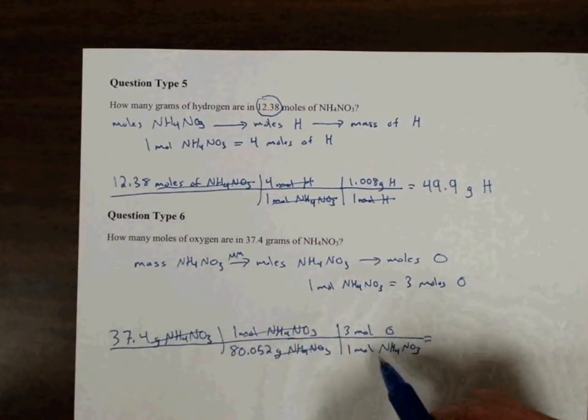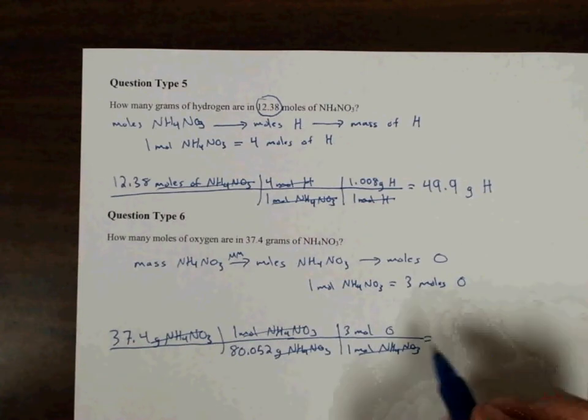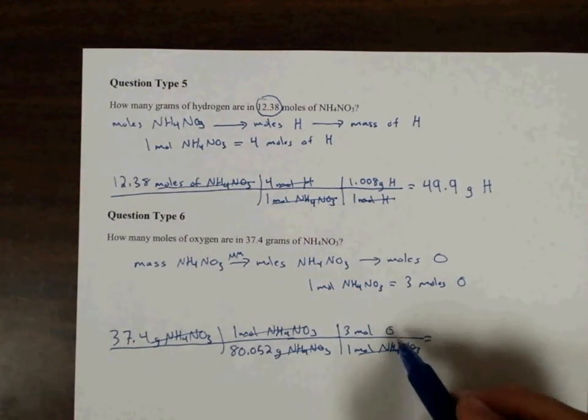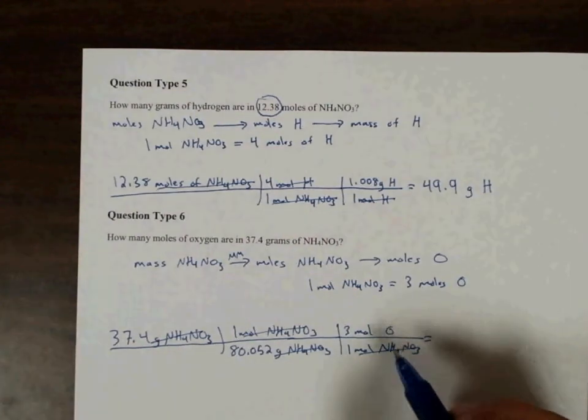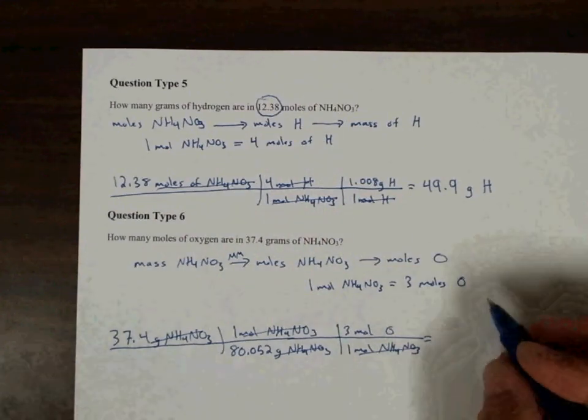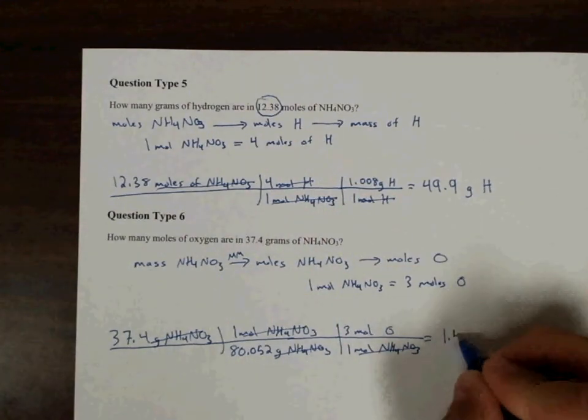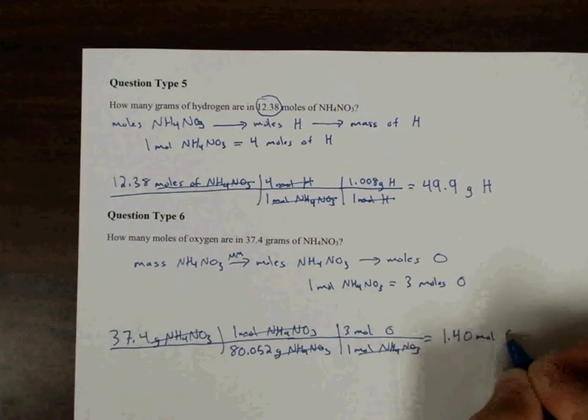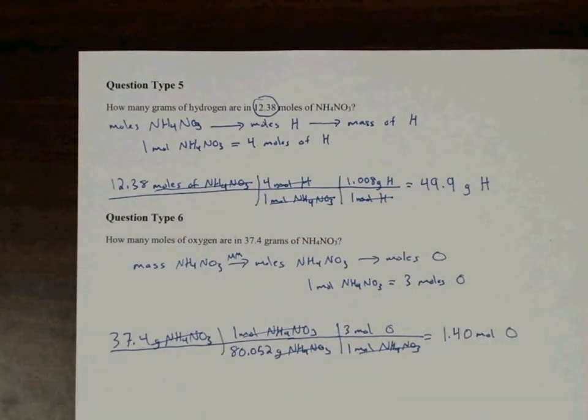Mass of NH4NO3 cancels out, moles of NH4NO3 cancels out, and we're going to end up in the units of moles of oxygen. And if we look at that, that's going to take our calculator out. We're going to end up with 1.40 moles of oxygen. So that's how we're going to go through and do all those calculations for the gram to mole conversion assignment.